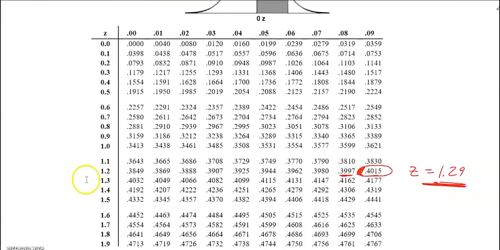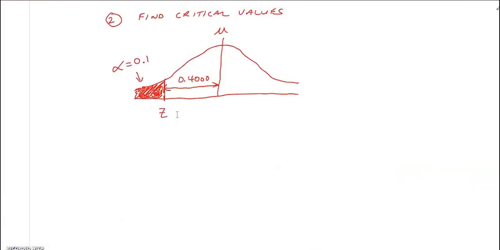I'm going to go with the larger of the two values. Now, putting that into our picture, what does that look like? The Z value is negative, because it's on the left side of the mean, negative 1.29. Third thing we're going to do is perform the test.